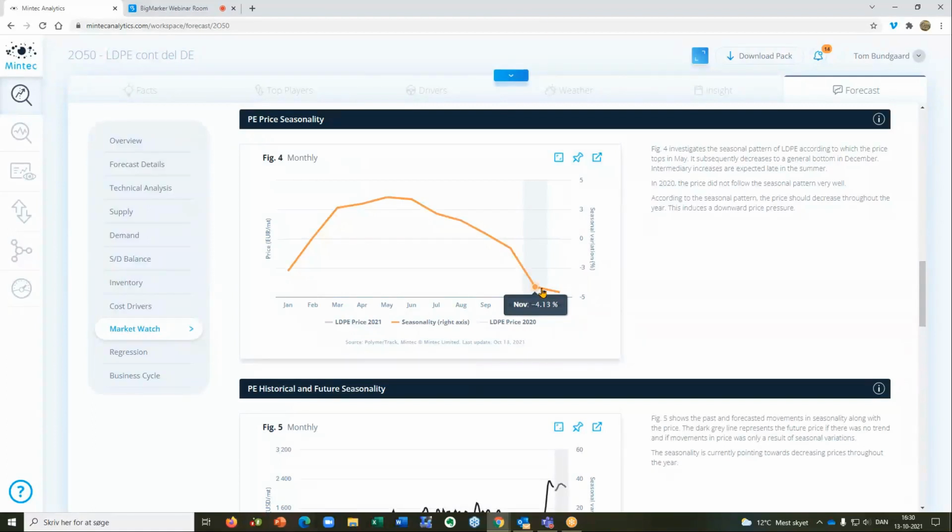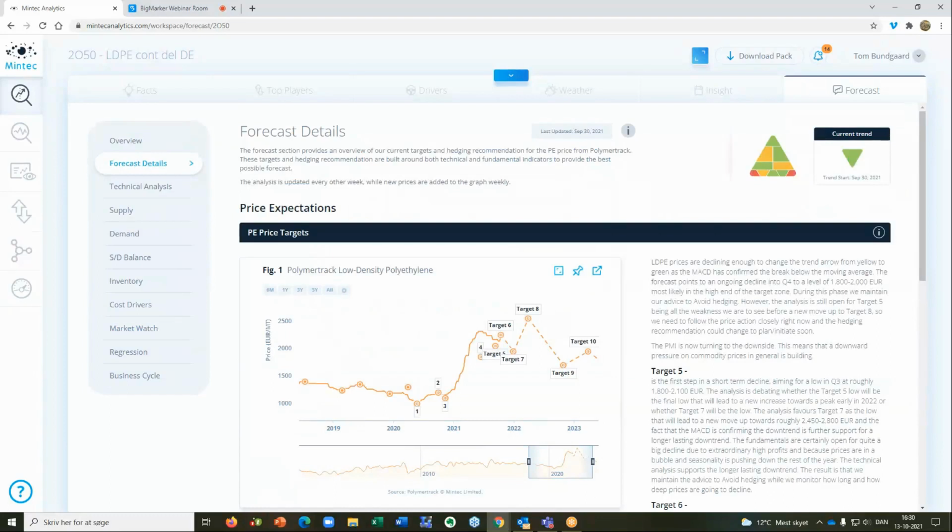In any case, we're avoiding hedging because it's going down a little while longer, but then the risk is an increase to March next year. So this is built in. This low point may come in November or December, so we avoid hedging until then. But then we need to cover that increase next year. And why is that increase coming? Well, partly because Brent oil prices are going up, and that's going to affect prices. So there's a lot of things here.